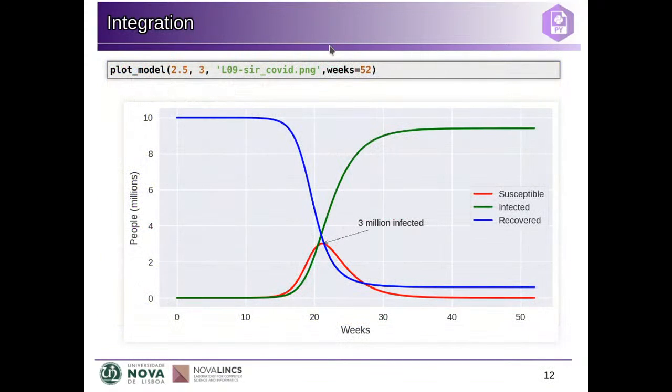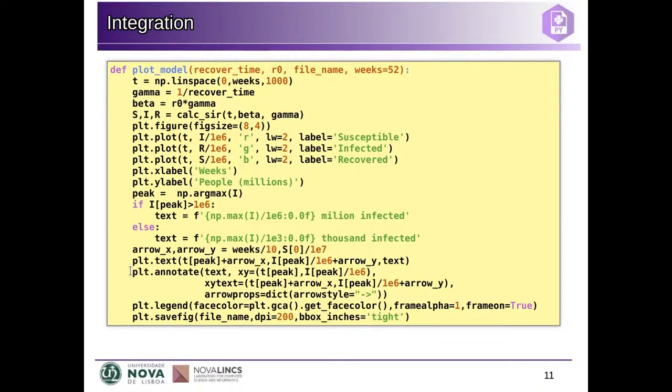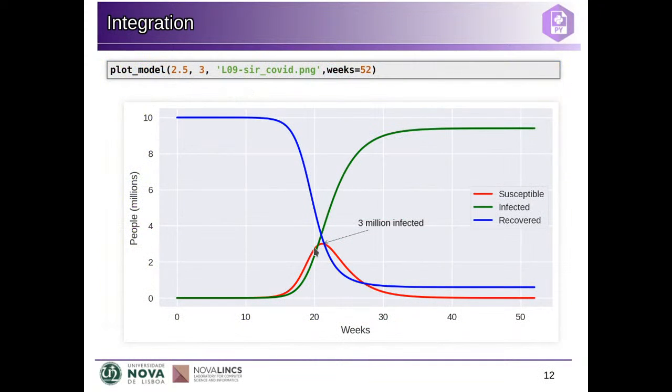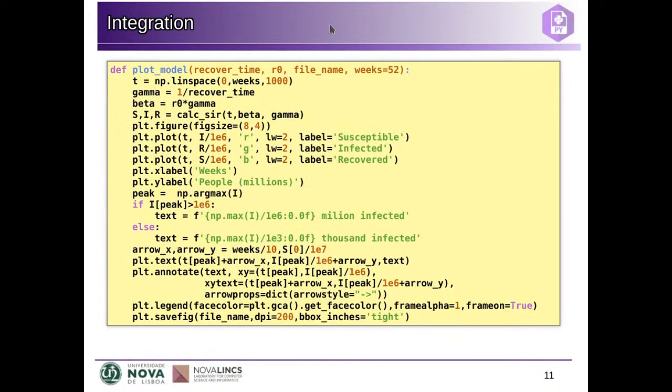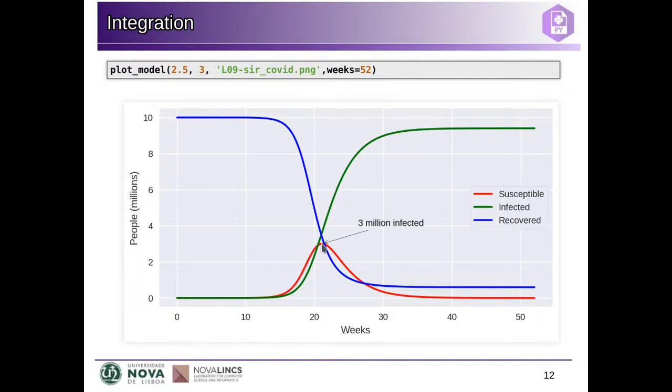And now we can create this annotation by using this text, putting this text in that position, and creating this arrow to unite the text with the peak. So basically doing this, so this is the text that we defined here, and then we write this arrow pointing at the peak.